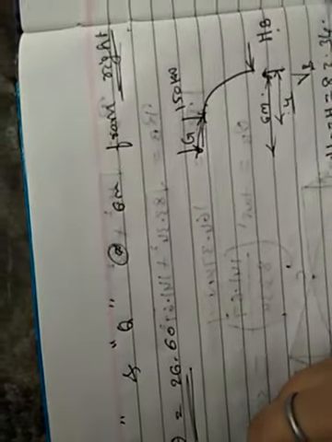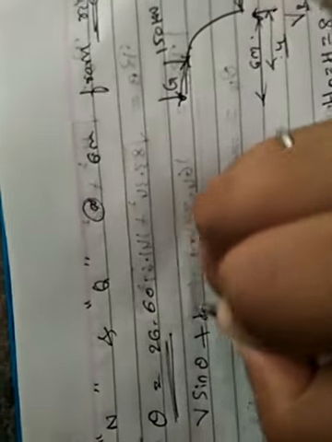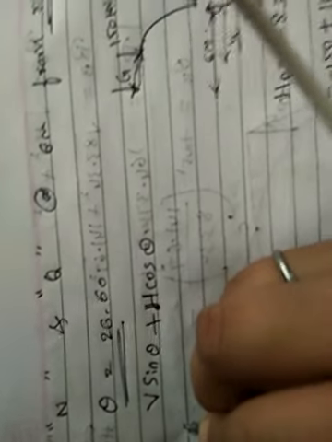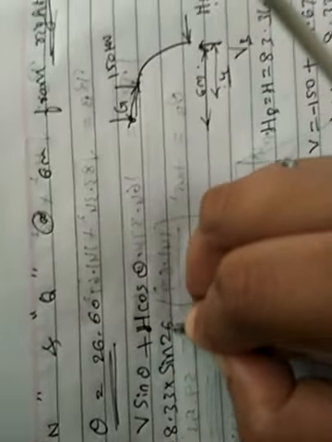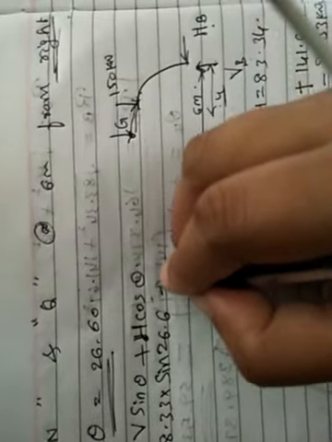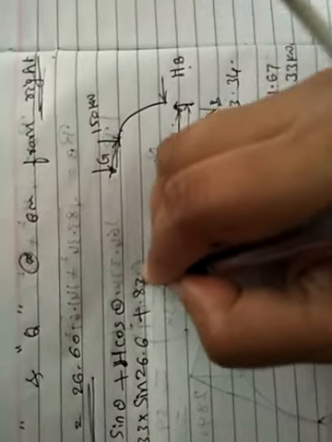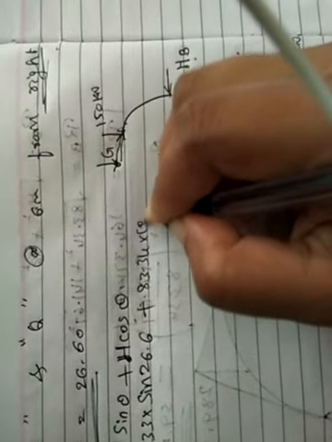So now we will calculate normal thrust. The formula for normal thrust is V sin theta plus H cos theta. So V is minus 8.33 into sine. The angle remains same because of the same distance, but support varies. So H is 83.34 into cos 26.6.